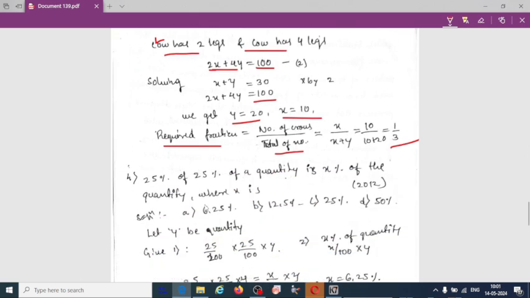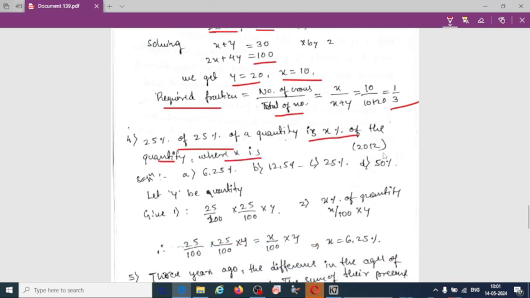So next question: 25% of 25% of a quantity is x% of the quantity, where x is? This is a question from 2012. So let y be the quantity we want to find. Given here, 25% of 25%, that means 25 by 100 into 25 by 100 into y.